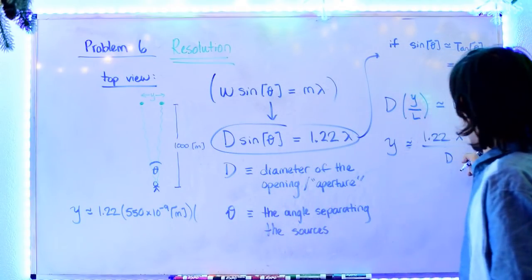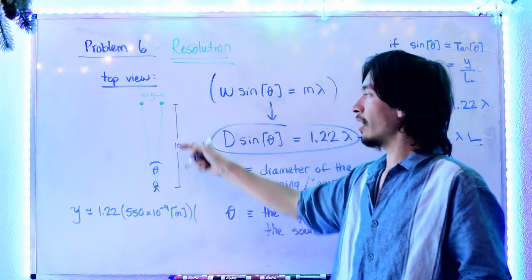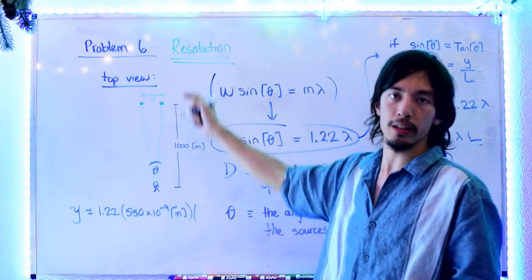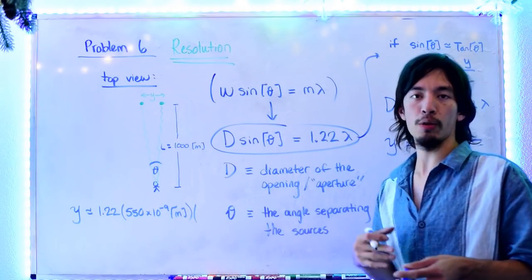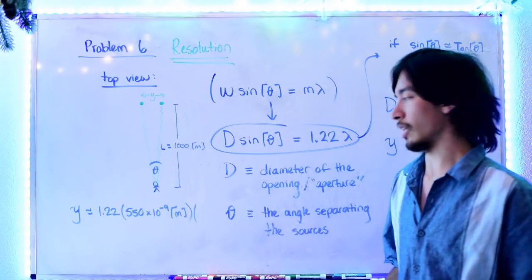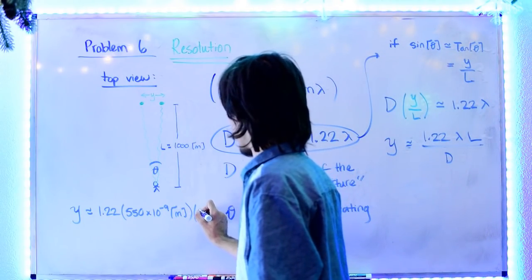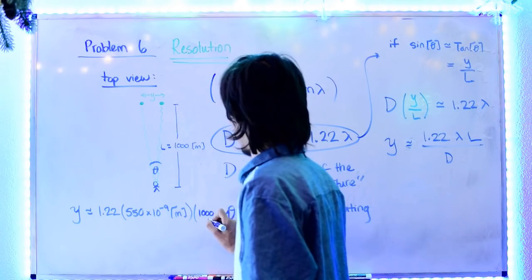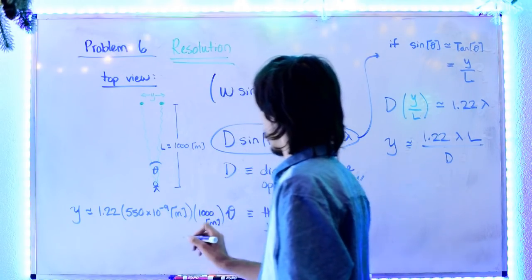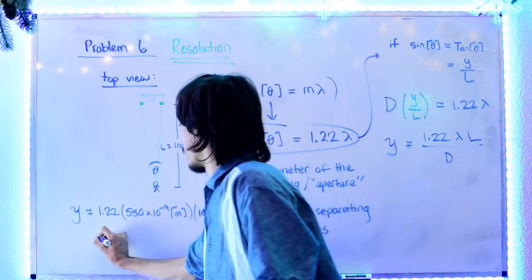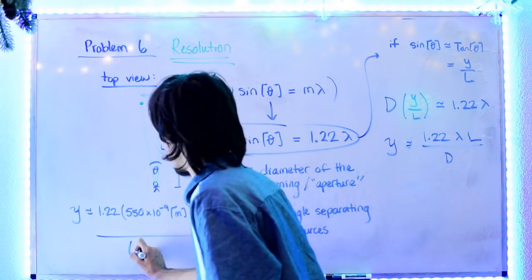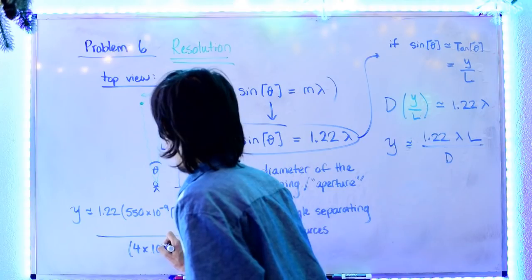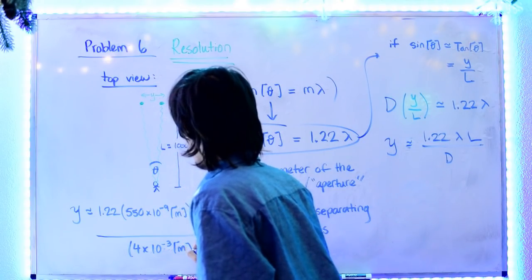Times the length L, which is the distance away to the two sources. So this is essentially the L. Notice how similar this is to your single slit problem. So it's 1,000 meters, divided by the diameter of the opening, which is 4 millimeters, 4 times 10 to the minus 3 meters.